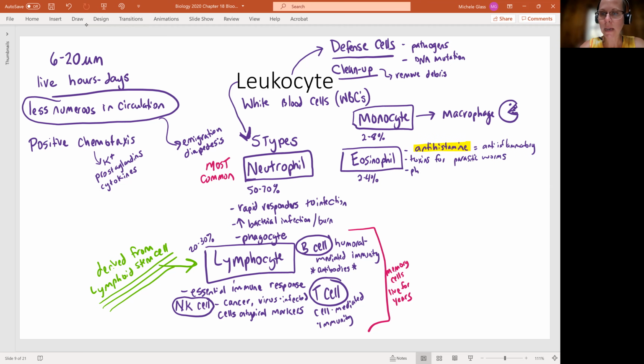And we see them acting as phagocytes for antibody-antigen complexes, meaning you've already produced the antibody, it is binding to that particular pathogen, and then the eosinophil super likes that and can phagocytize that pretty easily.